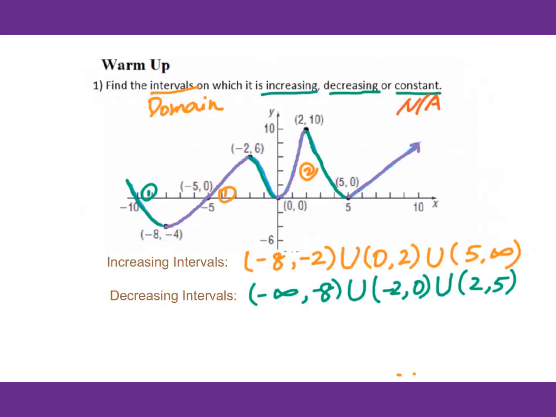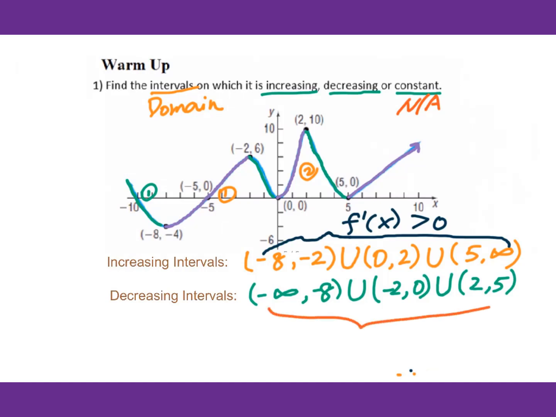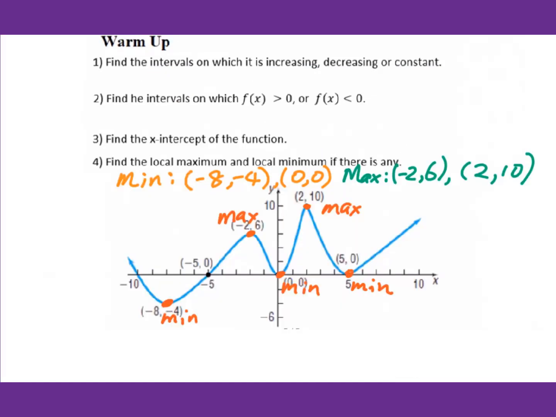Since we know the meaning of the derivative, a positive first derivative means an increasing interval. Therefore, this part means the first derivative of f of x is greater than 0. A decreasing interval means the first derivative of f of x is less than 0. And at a minimum or maximum point, the first derivative equals 0.